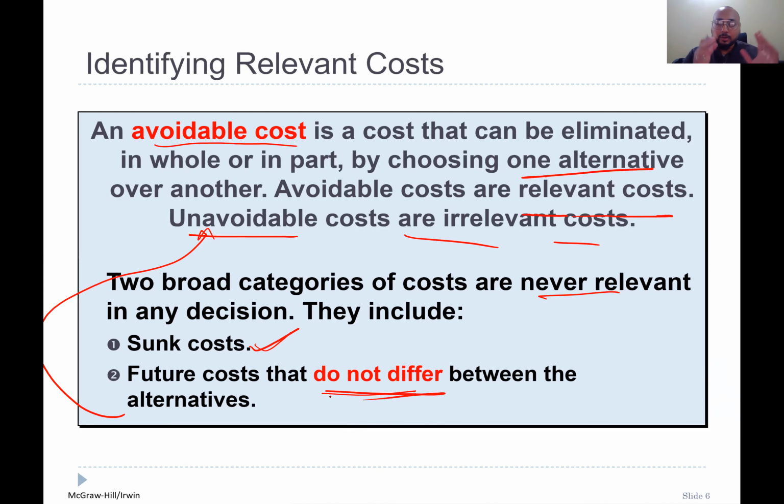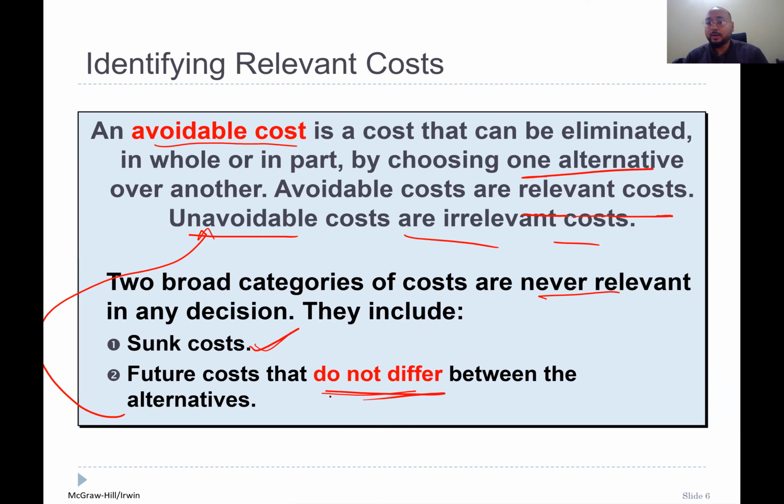And sometimes an alternative looks very bad, but when we see it from the relevant cost perspective, then that alternative becomes very lucrative for us, because we were considering some common cost as a cost.